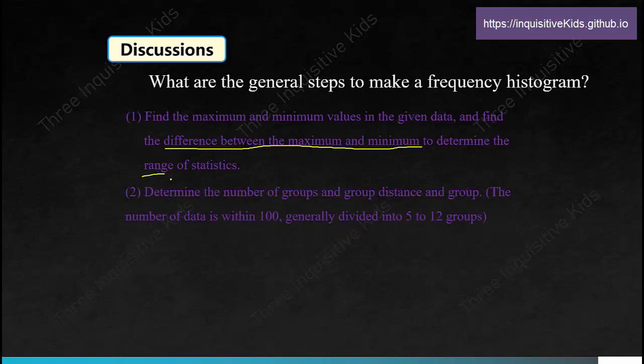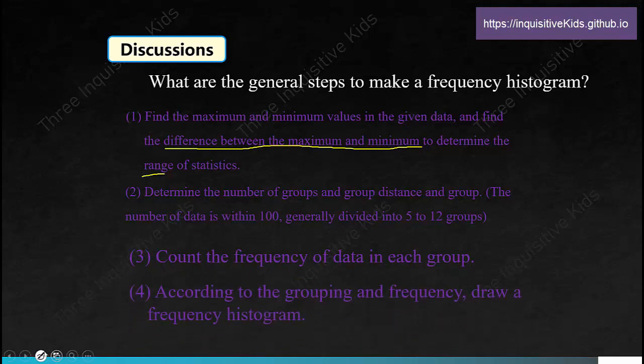We determine the number of groups and the group distance. If the number of data is within 100, it is generally divided into 5 to 12 groups. 3. We count the frequency of data in each group. 4. According to the grouping and frequency, we can draw a frequency histogram to graph the data.